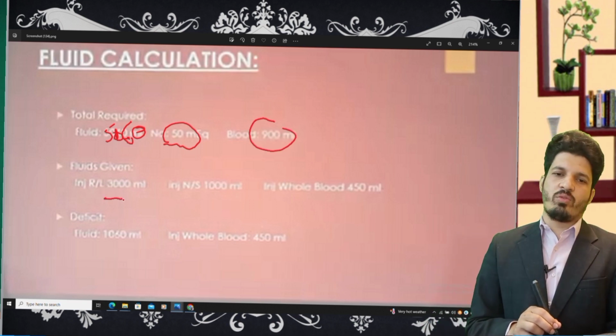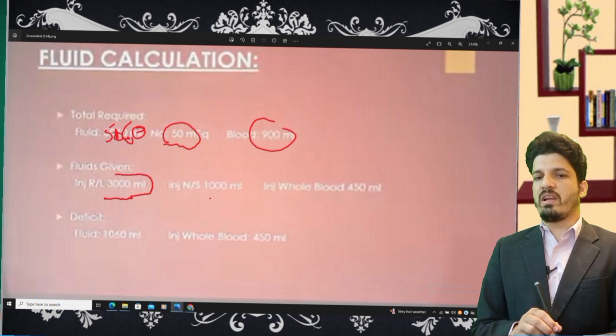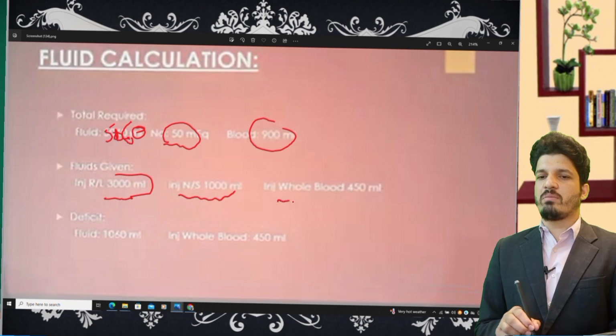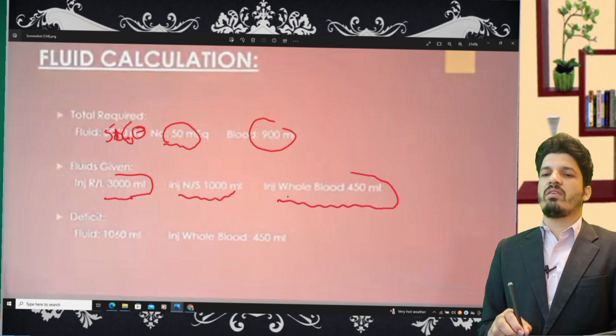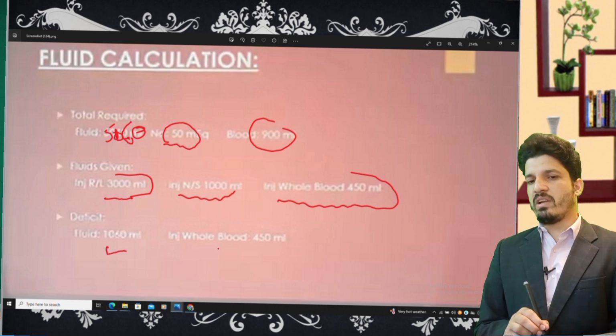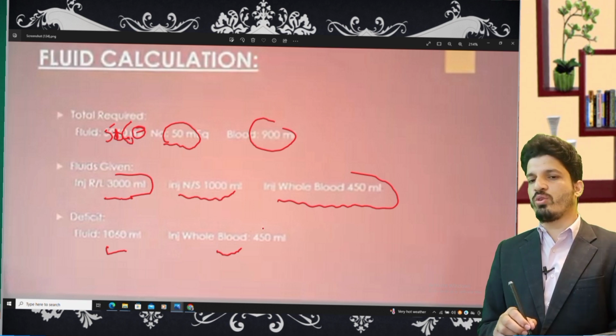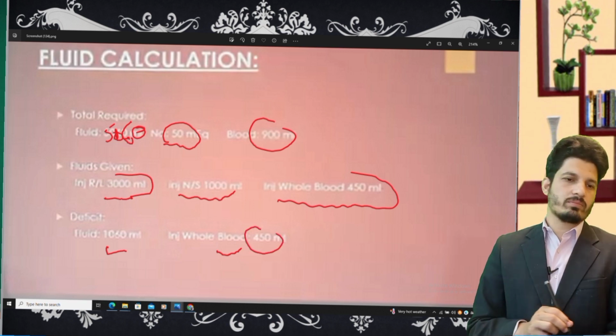And as we have given ringer lactate 3000 ml, normal saline 1000 ml, and whole blood 450 ml, the deficit is a total of 1060 ml, and infusion of whole blood 450 ml.